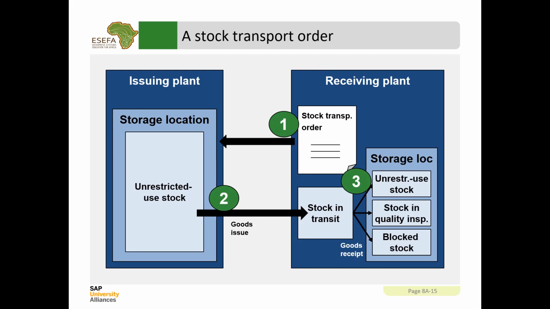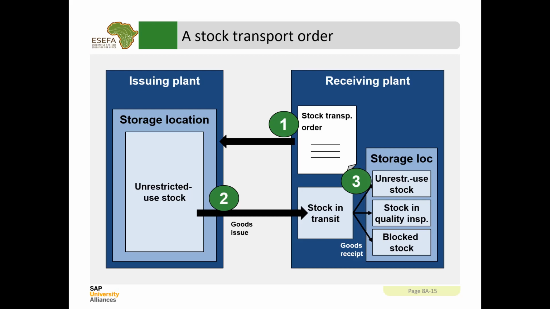Unrestricted stock is the stock that you continually use for production. There is no restriction to its use, so it is always available. These are stocks that you use as raw materials for transforming into the final product. So in the issuing plant, you have lots of them. For example, Mungwi, which is the production site, has a lot of unrestricted use stock because production has to go on.